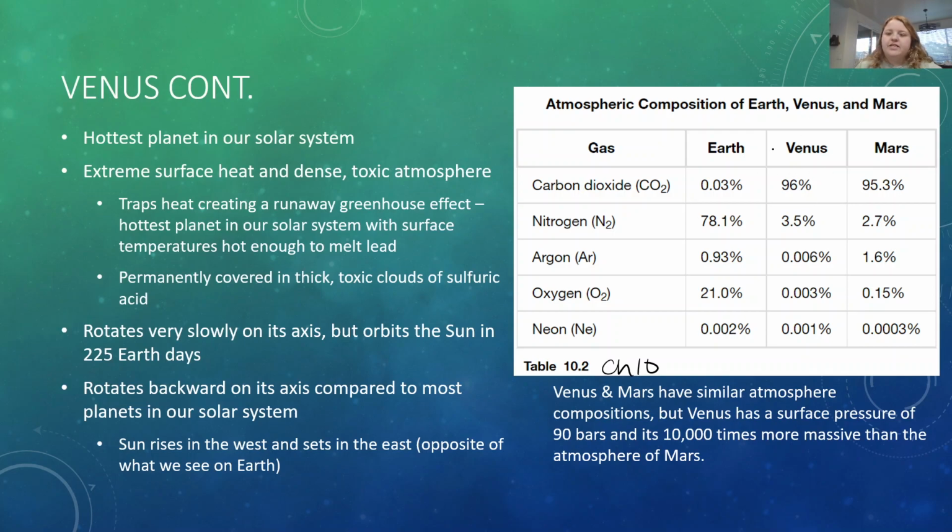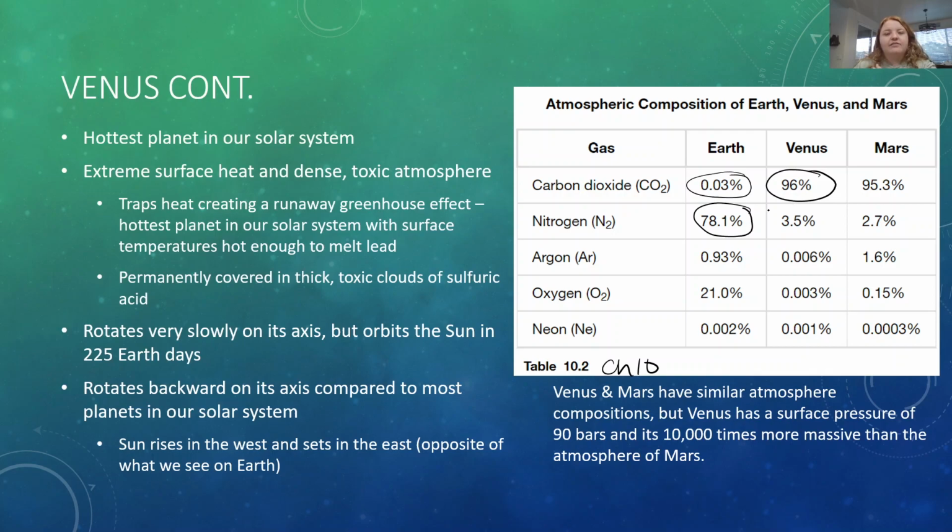So Venus here, we can see has a lot of carbon dioxide, a lot of CO2. Versus Earth, we don't have a lot of CO2 here. We have 0.03% of our atmosphere having CO2. Most of ours is actually nitrogen. So with that information, we have a much different atmosphere here.